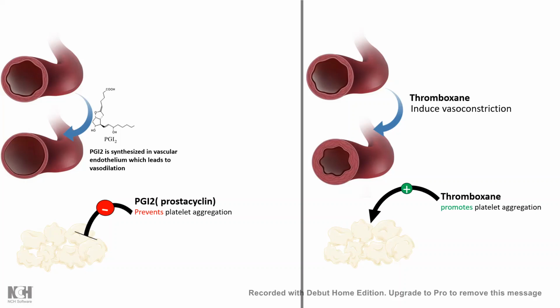So these two have different and opposing functions. Prostaglandin I2, commonly known as prostacyclin, prevents platelet aggregation, whereas thromboxane promotes platelet aggregation. So we can see several prostaglandin types could have different and opposing functions, both important in terms of physiology.